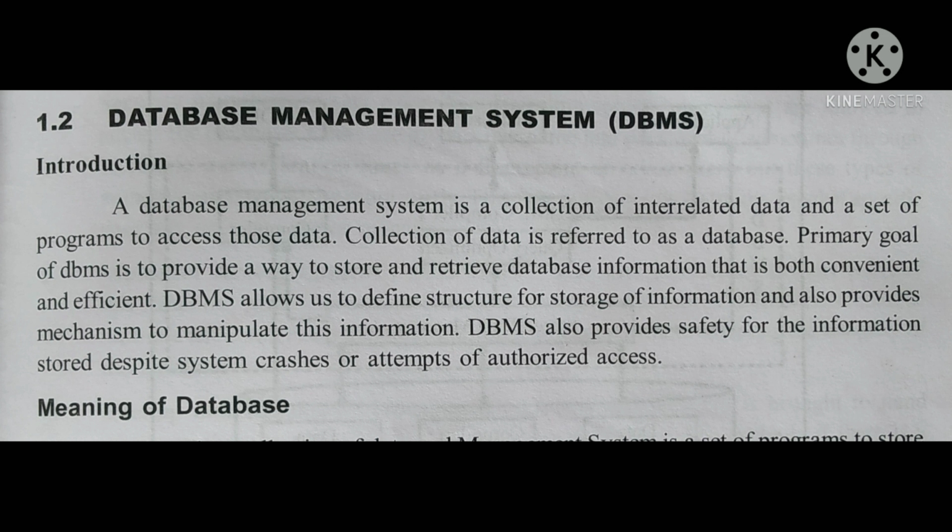Then backup and recovery. A database management system automatically takes care of backup and recovery. The users do not need to back up periodically because this is taken care of by the DBMS. Moreover, it also restores the database after a crash or a system failure to its previous condition.